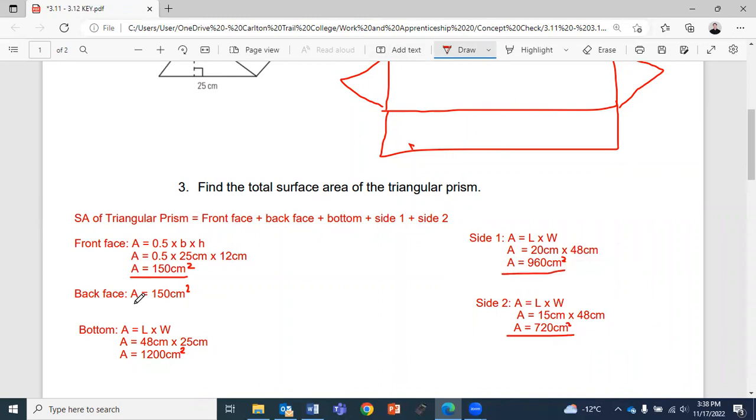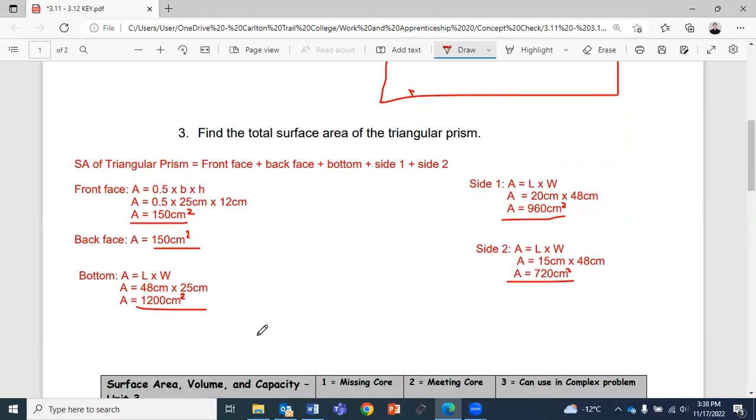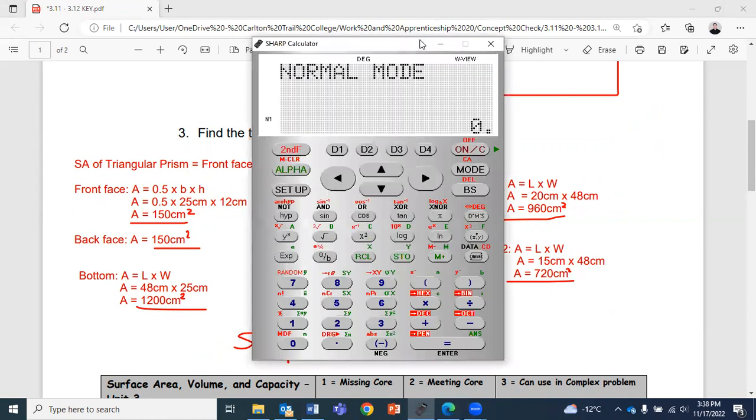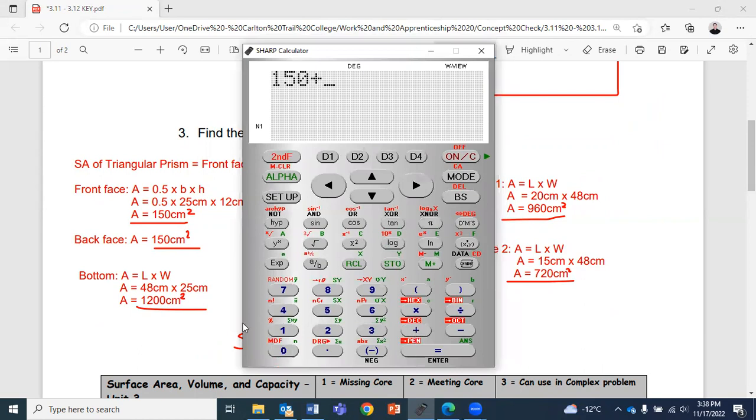Now, again, you're not done. What you've done is you found every single side. Now I need to add them up, right? You could write down what it is, but I'm not going to do that. I'm just going to write the surface area here. If I take my calculator, I add all these things up: 150 plus 150 plus 1,200 plus 960 plus 720, 3,180 is the total surface area.